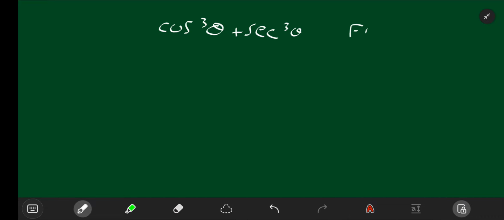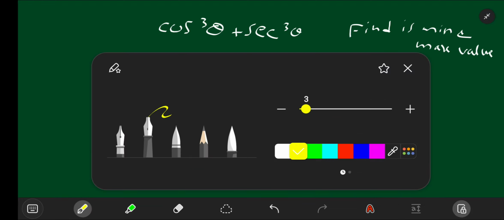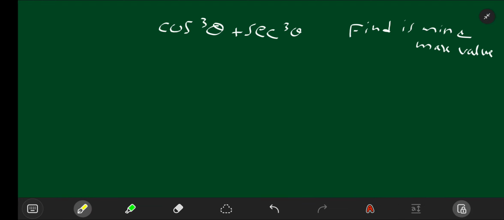Find its minimum and maximum value. Here, the reciprocal of cos theta is sec theta.